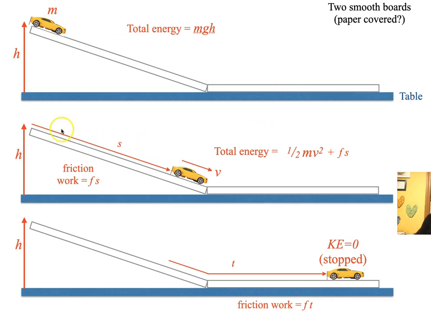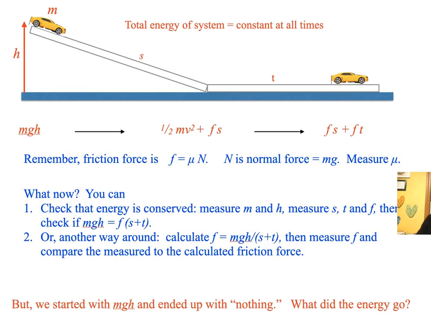So here it comes down, and it goes a distance s at velocity v at the bottom, and then it skids along here and eventually stops when the kinetic energy is 0. So basically the total mgh you started with ends up as friction: the friction force times s plus the friction force times t.